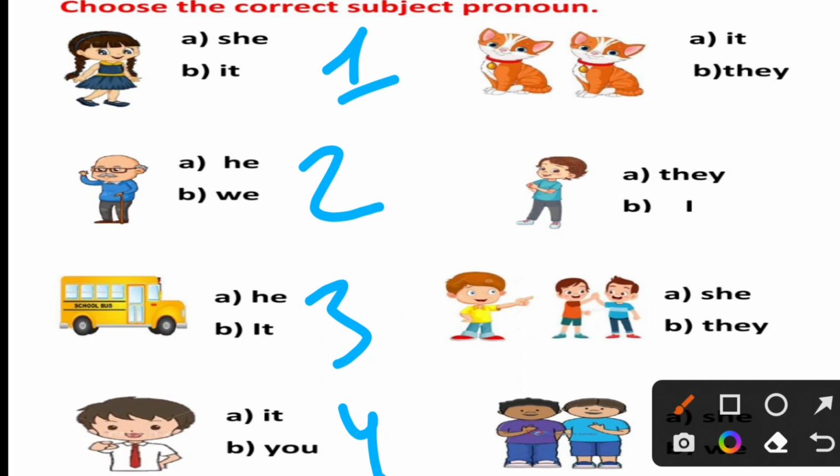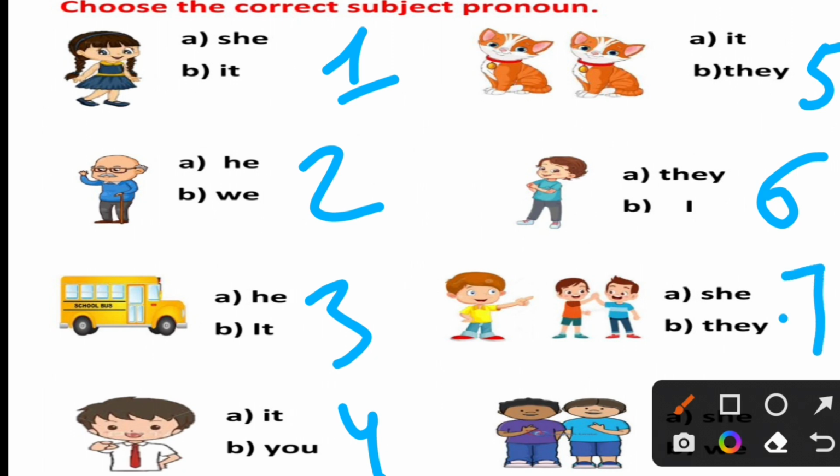Picture 5. The correct subject pronoun is they. Why they? Because of 2 cats. Picture 6. The correct subject pronoun is I because he's one, and he shows himself.